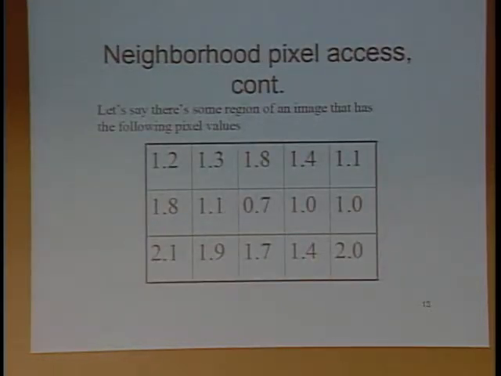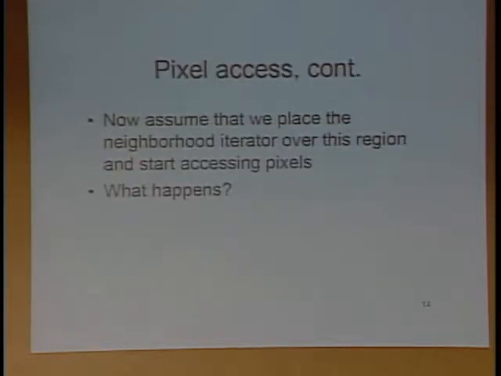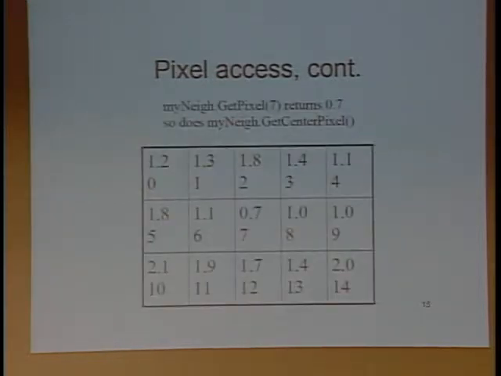Okay, this is an example neighborhood. I mean, the numbers in the boxes are the pixel values. So now if we have a neighborhood iterator pointing to this neighborhood, how can we access the pixels?